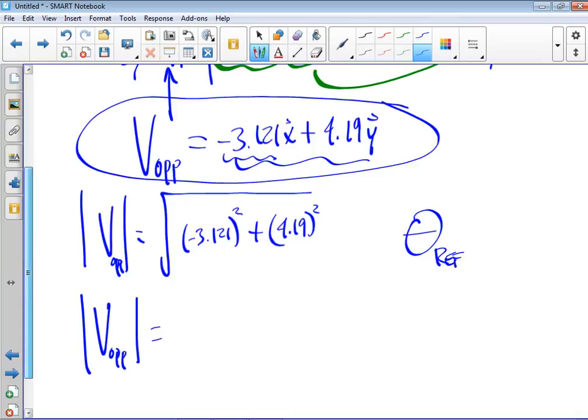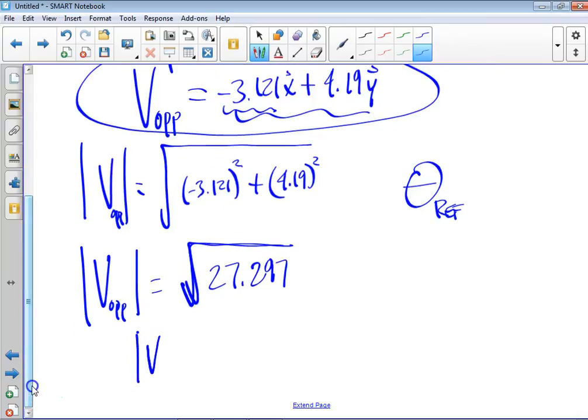The one I'm looking for is going to be the square root of 27.297. Take the square root, because that's what the equation tells me to do. And I get a magnitude for that opposite vector of 5.22 newtons.